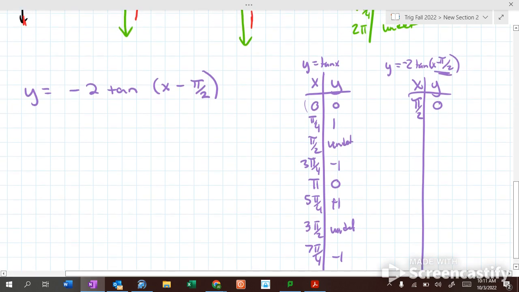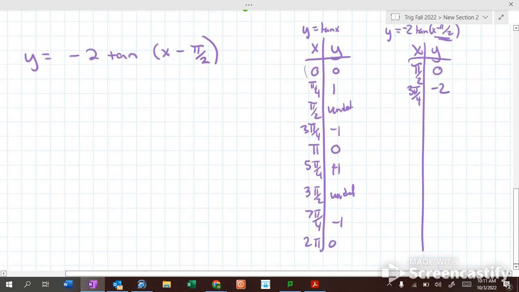Well, what's pi over 4 plus pi over 2? It's 3 pi over 4. Multiply 1 times -2, you get -2. Pi over 2 plus pi over 2 is pi.